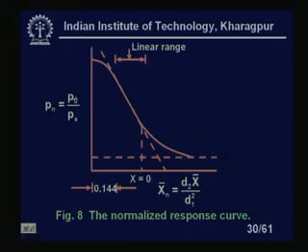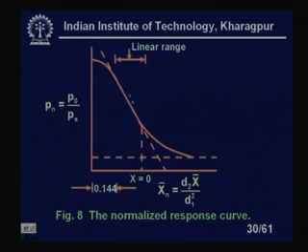The normalized response curve is shown in figure 8. What is figure 8? Let us look very carefully. This is our plot of Pn normalized, output by input, Po by Ps, against xn bar, which is d2 x bar by d1 square.